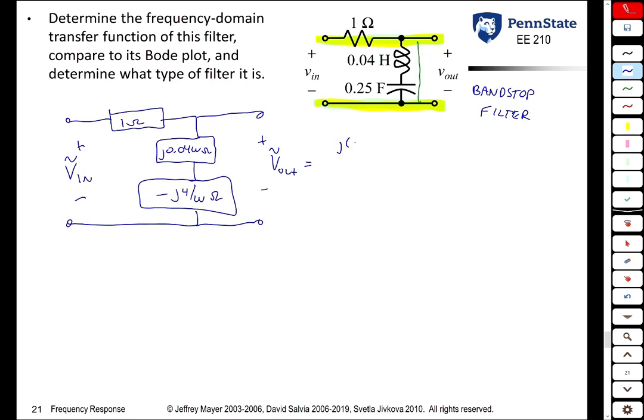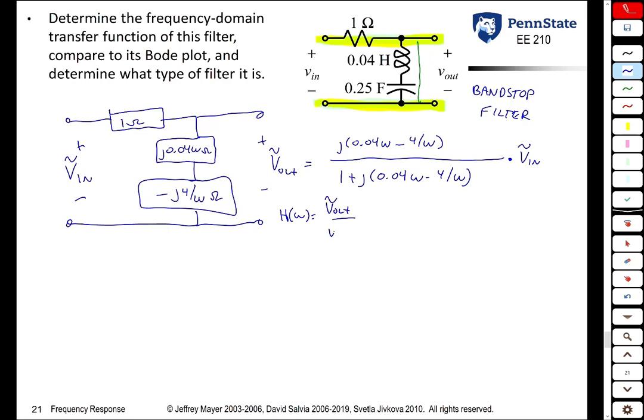We get j times 0.04 omega minus 4 over omega, over 1 plus that, all times V in phasor. So H of omega, which is just the output phasor over the input phasor, is what? It's j times 0.04 omega minus 4 over omega, over 1 plus that, same term.